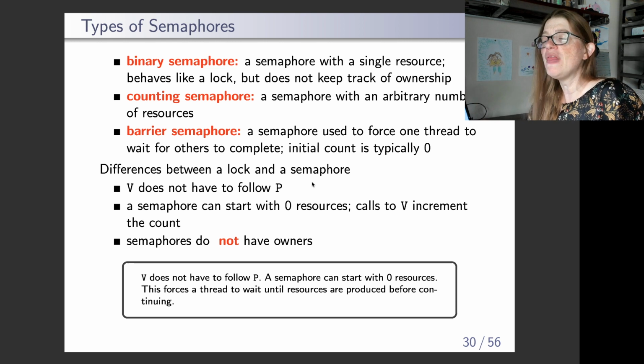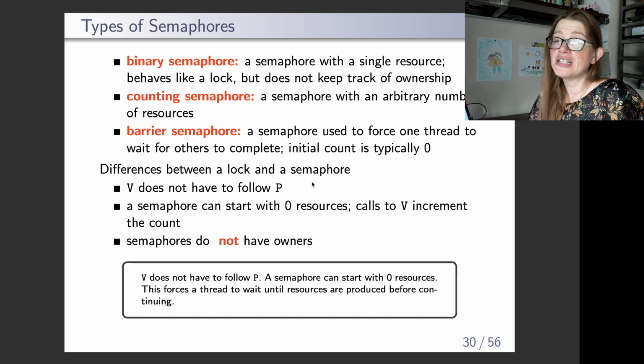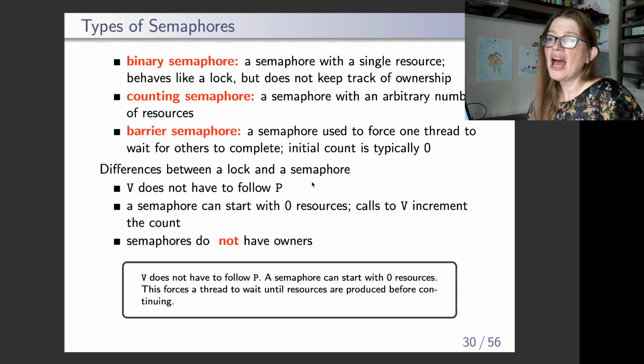If you think about it this way, let's suppose you own a bake shop, and when you wake up in the morning, the number of cupcakes you have on your display shelf is 0. So the number of resources you have available to sell is 0. So you have to go into the back room and bake some cupcakes, and then when they're done, you put them on the shelf.